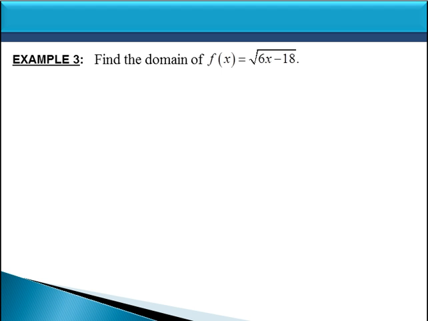So the domain will be any x's we could plug into this function and get a real number as a result. Well, remember that the only values of x that will give us a result in this case, since this is a square root, would be any x's that would make the radicand either positive or 0, or in other words, greater than or equal to 0.